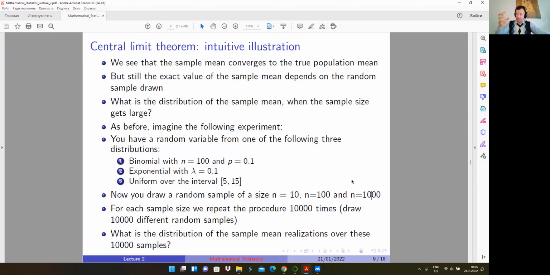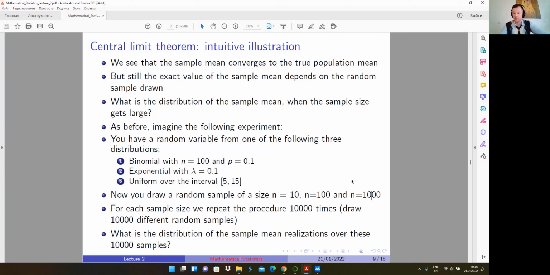So I draw 10 numbers from a binomial distribution and calculate their average. I draw another 10 numbers and calculate their average. I draw 10 numbers the third time, the fourth time, and so on, and I repeat this 10,000 times. And then I'm getting different averages, and I want to build the distribution of those averages.